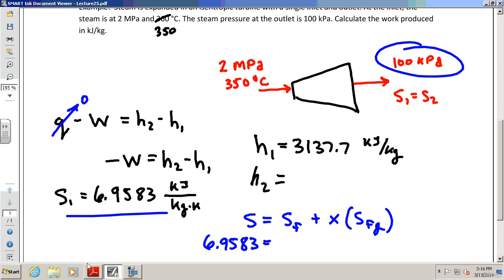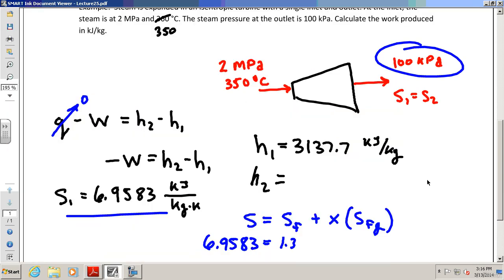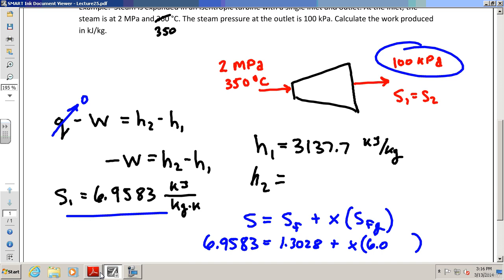Then I look for the low value of S there, which is 1.3028, plus x times that middle value, which is 6.0562.